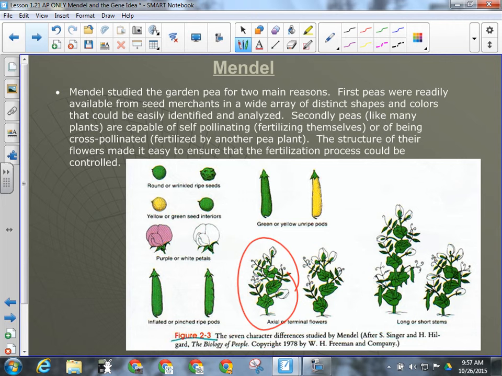He didn't use that term, but he found he could make the less common ones show up as long as he always bred those together. As soon as he bred something with recessive traits with something with dominant traits, the recessive trait disappeared in that next generation. So he was starting to find the idea that some genetic things were stronger than others.